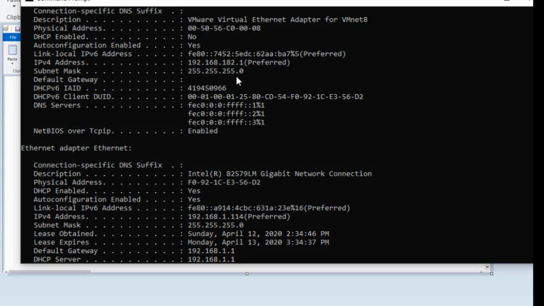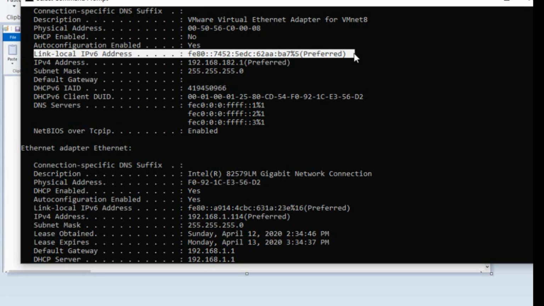Below it is my subnet mask, SM. So this is my subnet mask and this is my IPv4, and above there you can clearly see the link-local IPv6 address. This is what an IPv6 address looks like, in hexadecimal format. I'll explain IPv6 in more detail ahead.